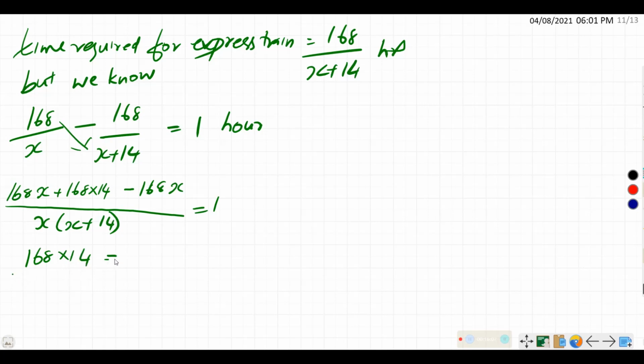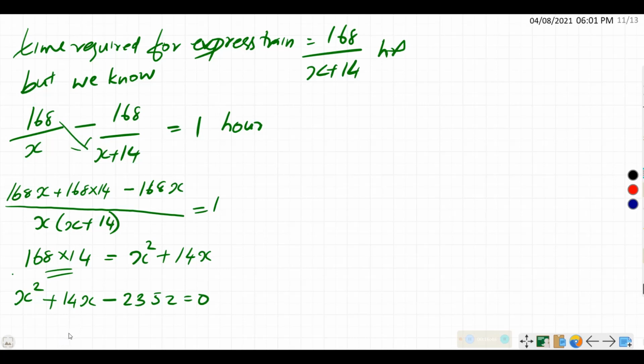equal to x into x plus 14, that is x square plus 14x. Okay, now it is coming in track. We have to multiply 168 into 14, which will be a quite big number. Let me multiply. x square plus 14x, just a left-right inversion we will be doing, minus the number which we have got, is equal to 2352 on multiplication.